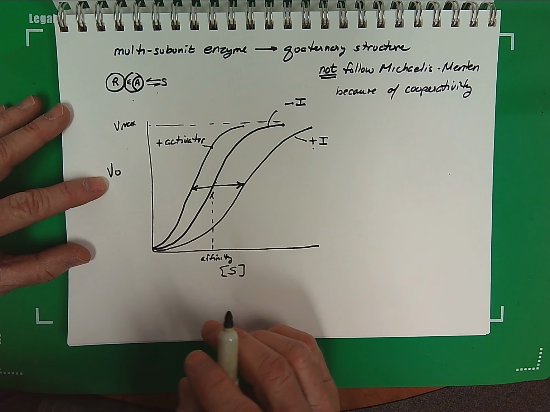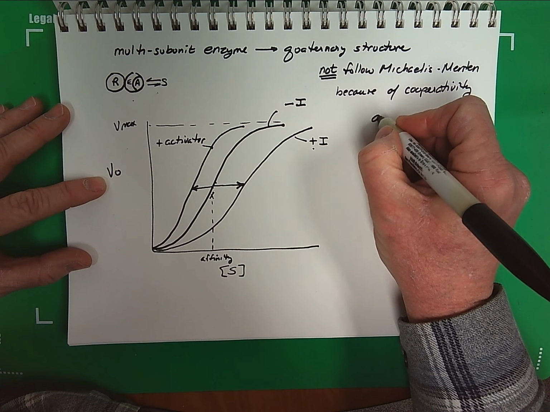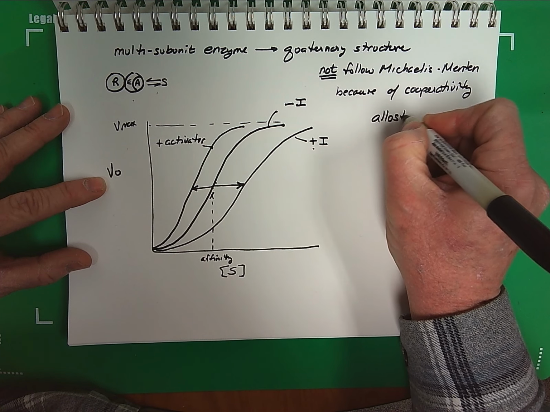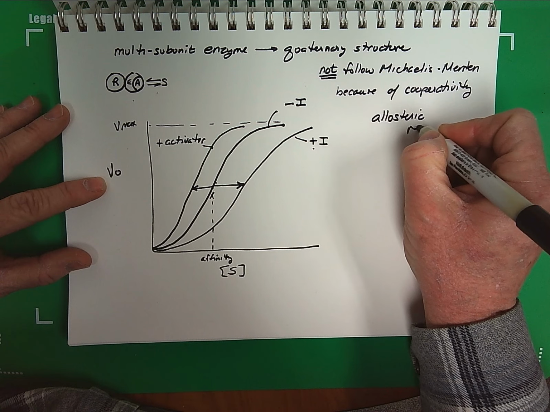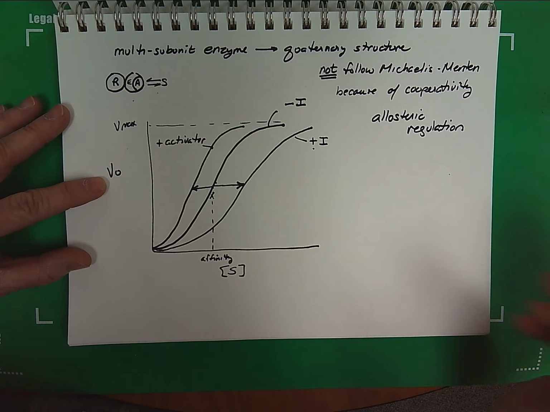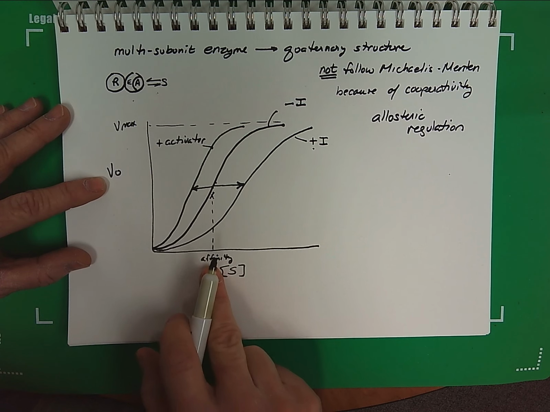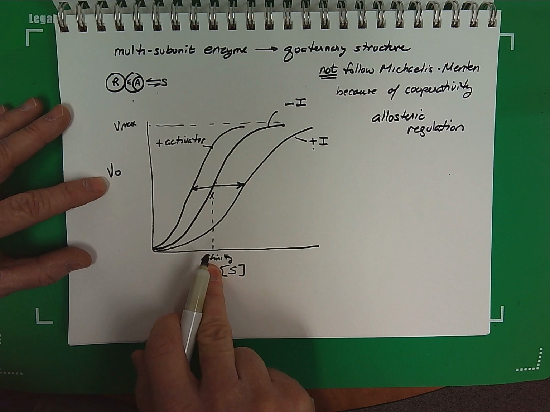This occurs on a multi-subunit enzyme, and this is generally called allosteric regulation. Again, this does not follow Michaelis-Menten kinetics, so this is not a measure of Km, but it is a measure of affinity.